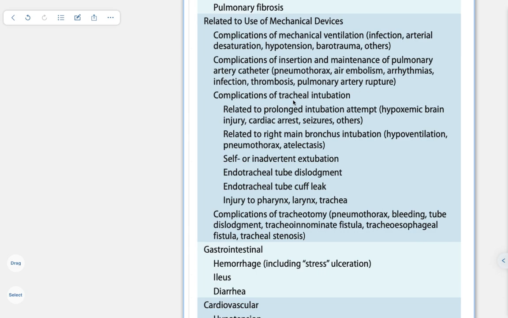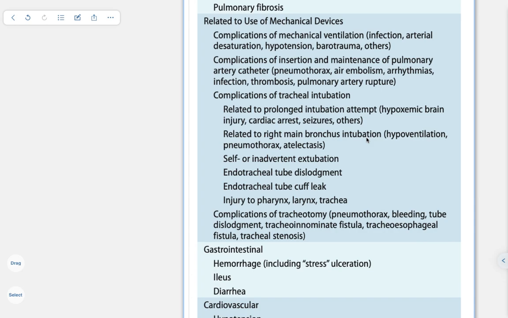There could be some complications of tracheal intubation, for example, related to prolonged intubation attempts. If the physician is taking too much time in intubating a patient, this can lead to hypoxemic brain injury, cardiac arrest, seizures, etc., all due to prolonged hypoxemia. Then complications could be related to right main bronchus intubation. Accidentally, you might have intubated the right main bronchus.